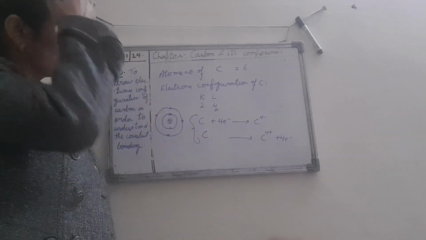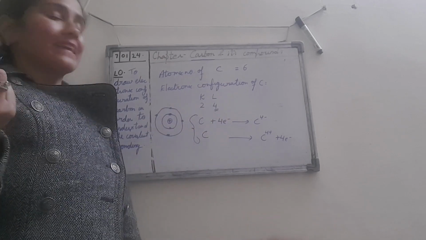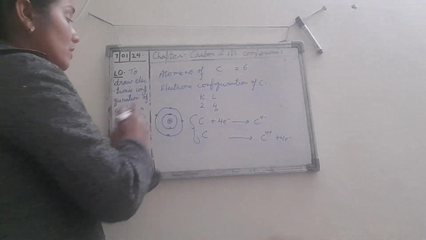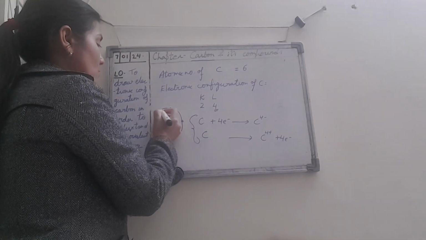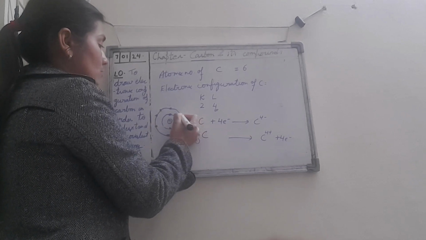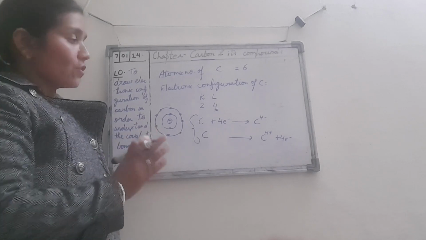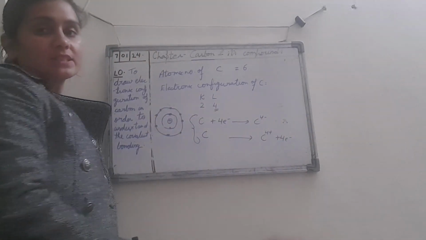If the carbon will gain 4 electrons, then there will be more repulsion between the 4 electrons which it will gain, because of the small size. So that's why carbon will not gain 4 electrons. It means carbon cannot make C4 negative ion.